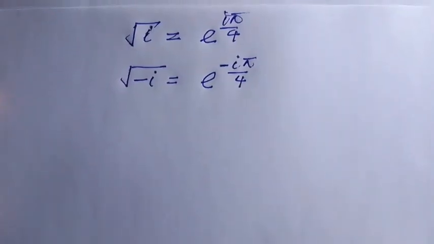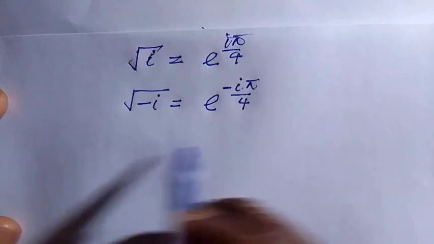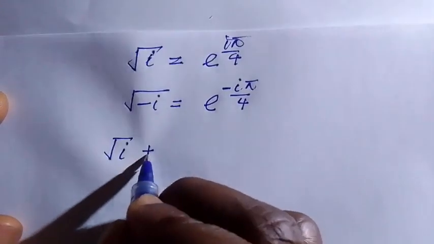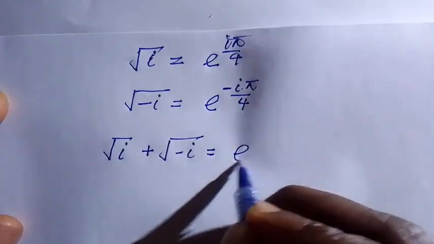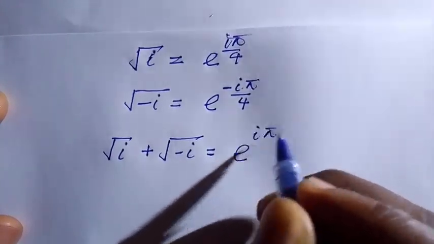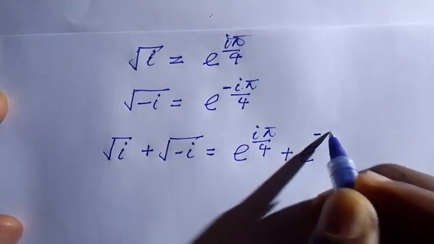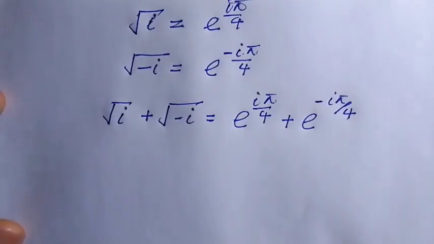After getting these two, we have root i and root minus i. The next thing we do is add the two together. So by adding this, we have root i plus root minus i equals e to the power of i pi divided by 4 plus e to the power of minus i pi divided by 4.